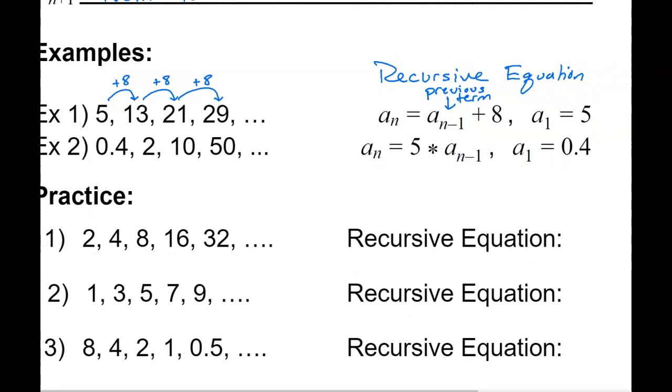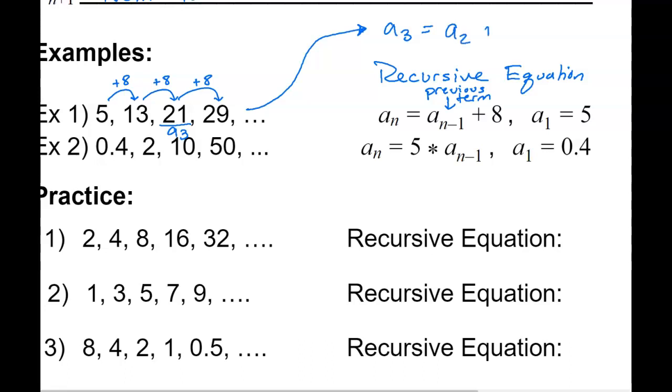So say I'm trying to find the third term, a sub 3. You would find it by using the recursive equation. A sub 3 is equal to, now a sub 3 minus 1 is how much?